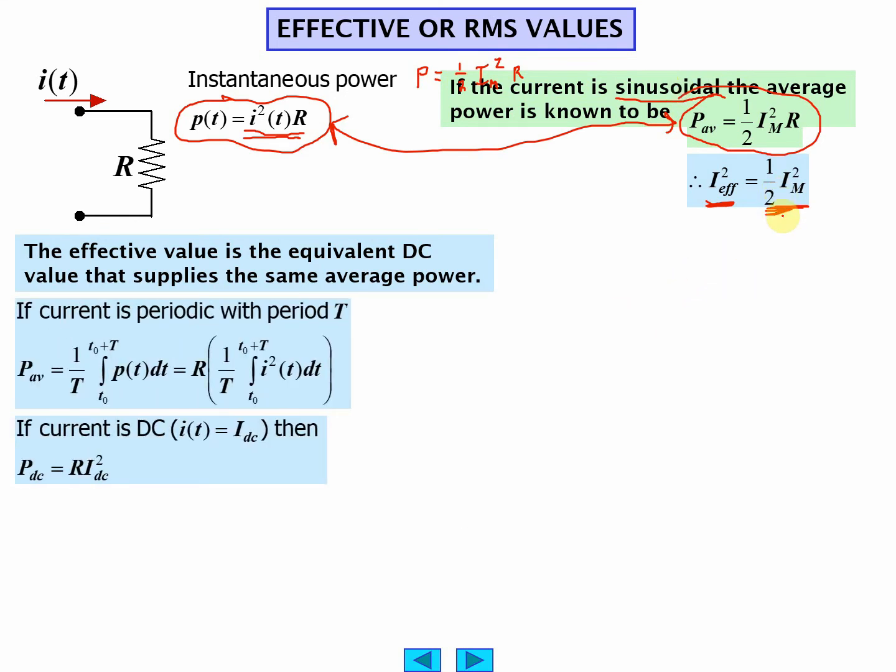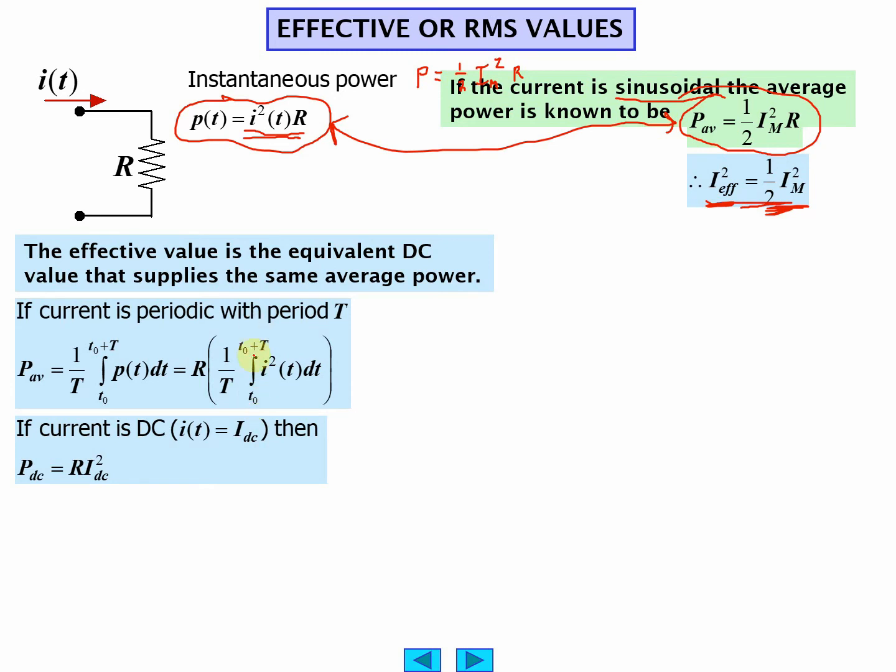So, if it's non-sinusoidal, here's the equation. The average power is going to be the resistance, times the current going through the resistance, squared, averaged over the period of the wave, the periodic signal, whatever that is. It doesn't matter if it's square, triangle, sinusoidal. We've already figured it out for sinusoidal, but it can be anything.